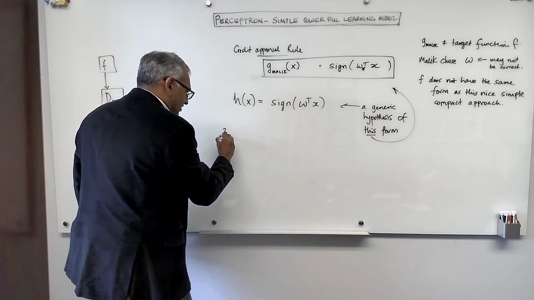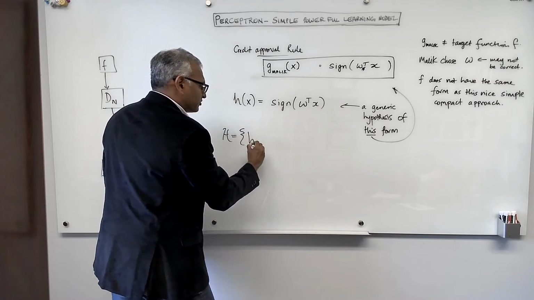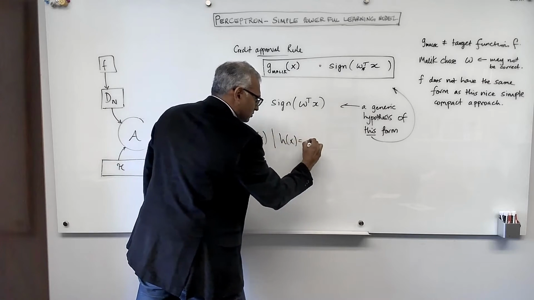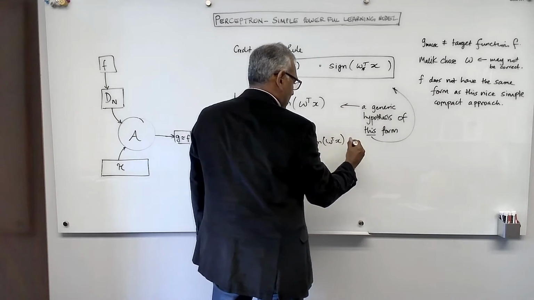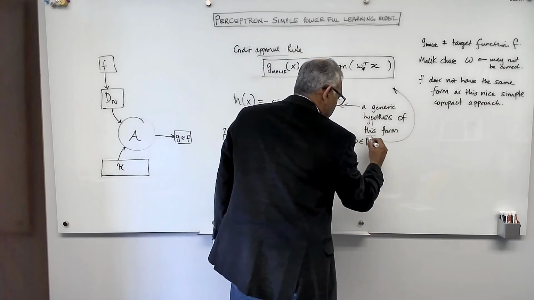So let me define a set of hypotheses, a hypothesis set H, which is the hypothesis of the form h of x, where h of x is equal to the sine of w transpose x, and w is in R to the d.